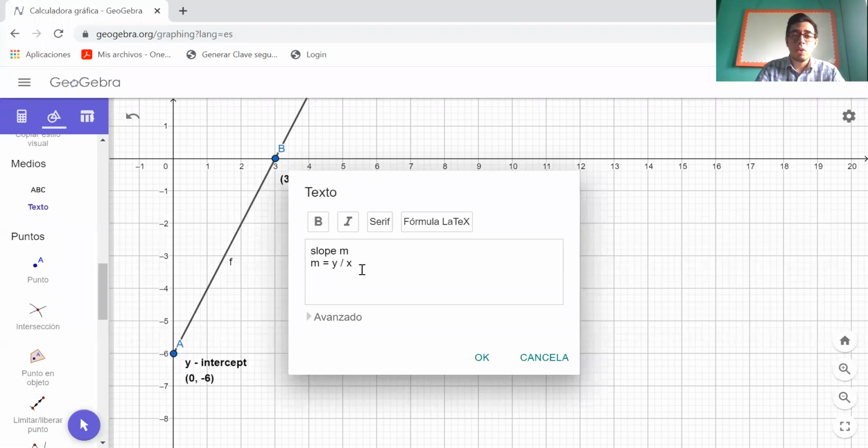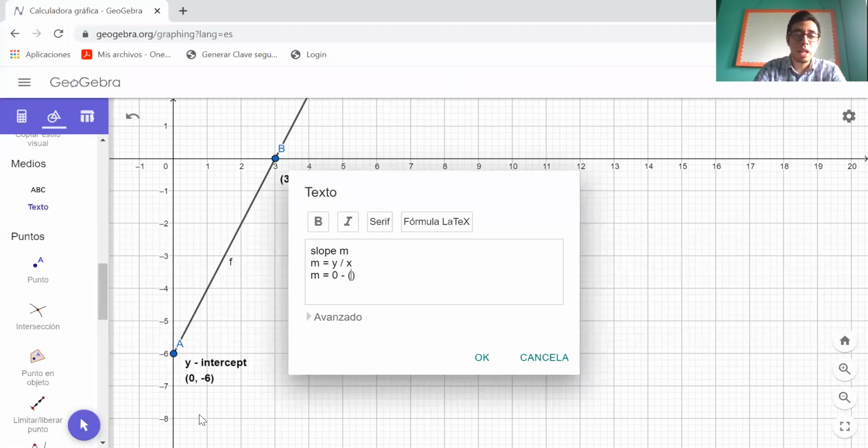So the first value I'm going to take for y, I'm going to show you m equals, and what values am I going to take for y? The first value is 0 for y, minus, what other value do we have?